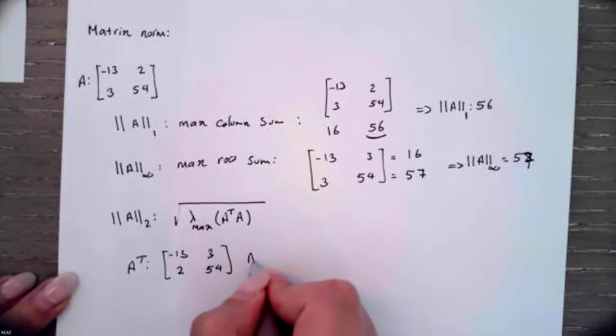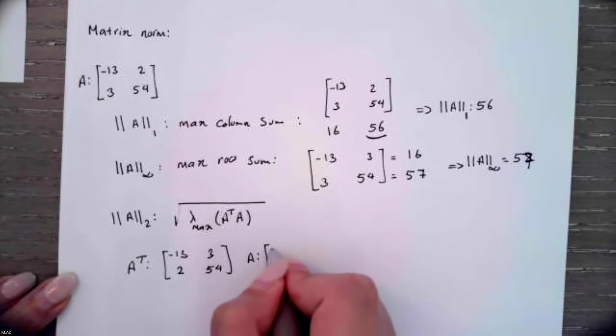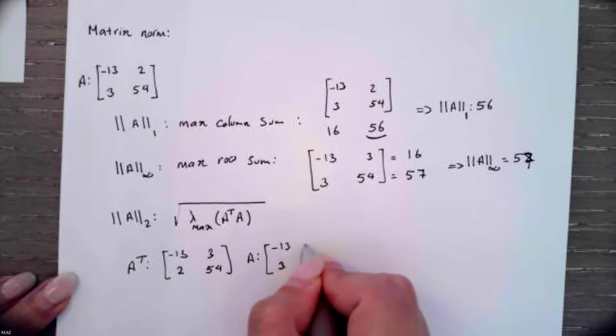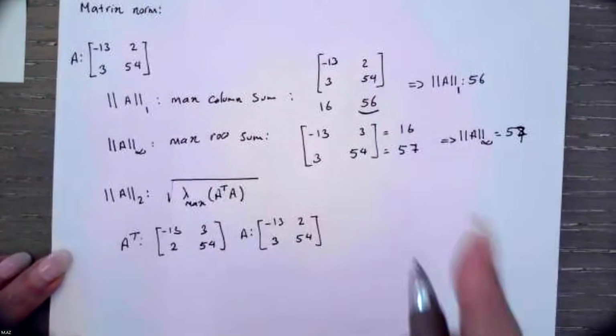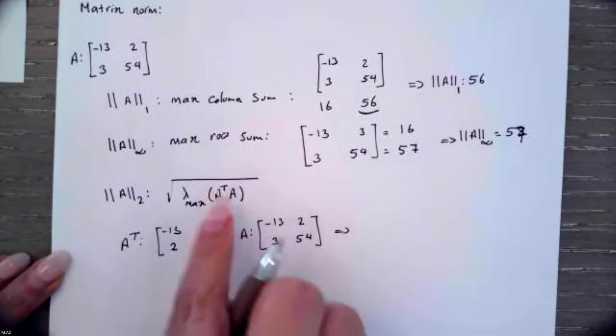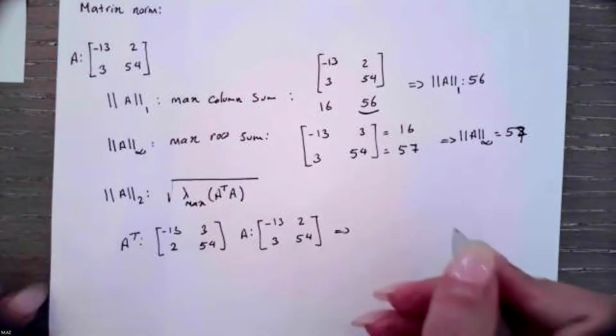And this is the matrix A. And now we find A transpose times A.